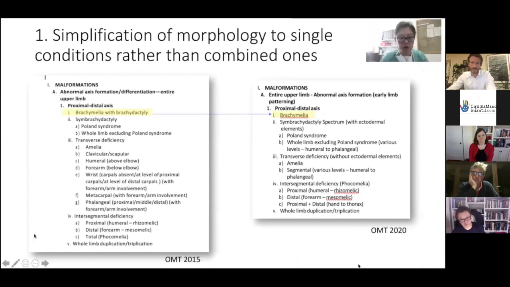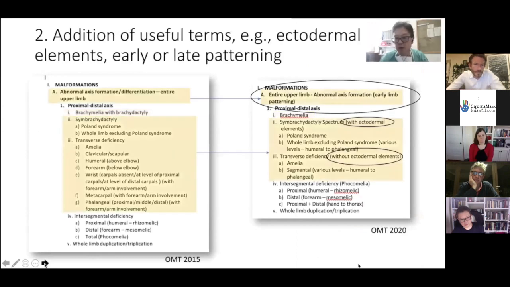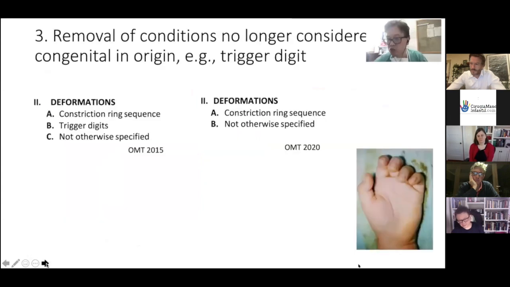A few terms have been added to improve understanding, early and late patterning, for example, and also the level of proximal distal defects has been compressed from humeral to fingers rather than spreading them out. The division of transverse arrest and symbrachydactyly is further clarified with the addition of ectodermal elements or not.